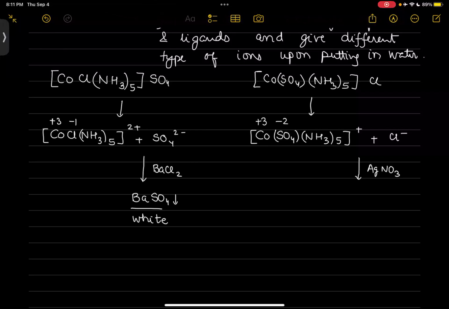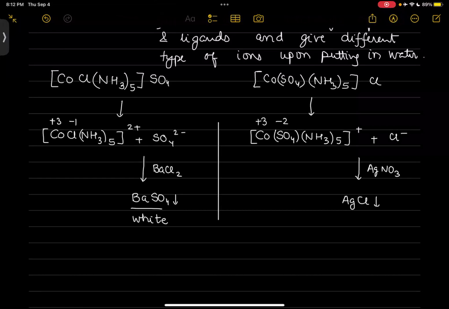The second one is not going to give you a precipitate with BaCl2; it is going to give you the white precipitate of silver chloride with silver nitrate.